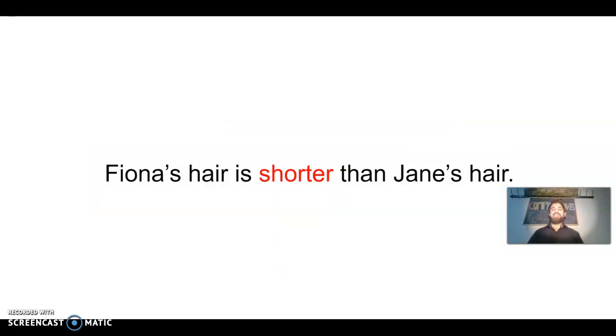Fiona's hair is shorter than Jane's hair. We can see here short, 1 syllable, shorter, and once again we have this word here, than, which means you are comparing. Usually always after the comparative adjective.